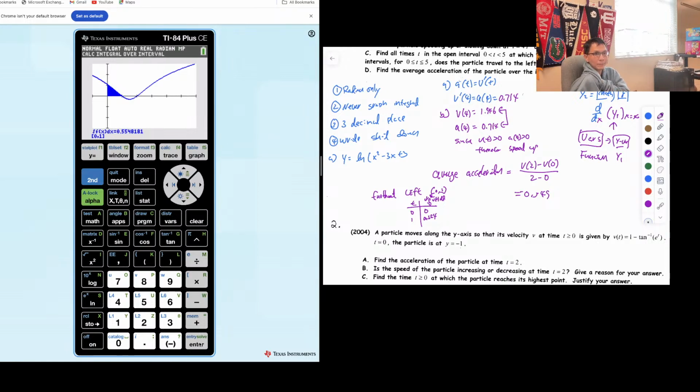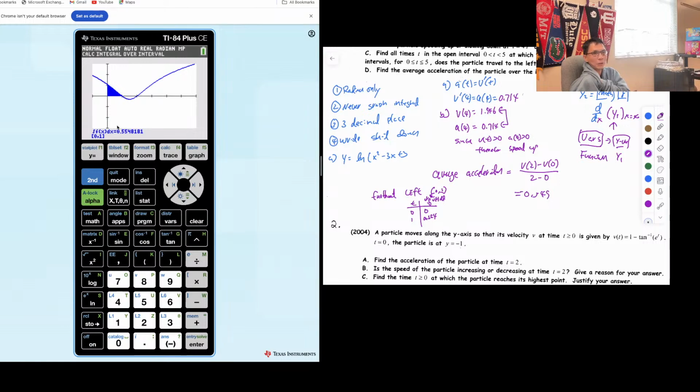Wait, how did you get it to shade? I do second calc and 7, which is the integral, the area under the curve, and you enter 0 to 1, and that gives you 0.554, shaded from here to here.